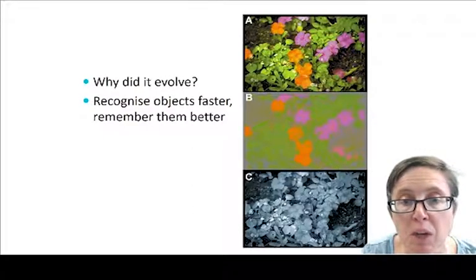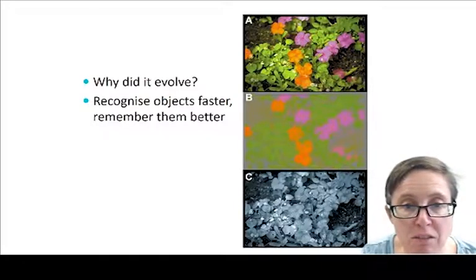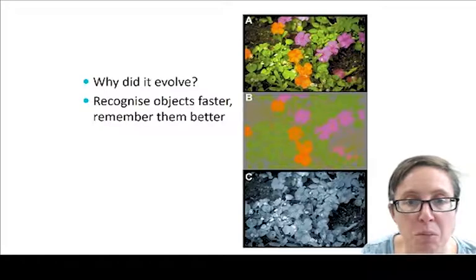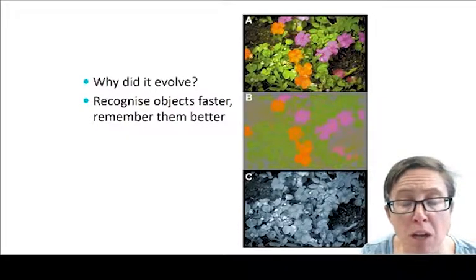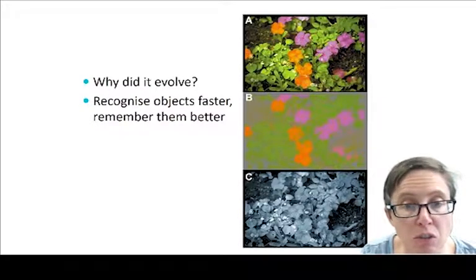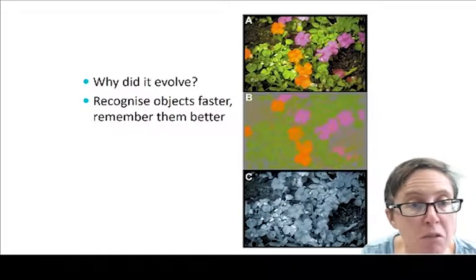So for example, is this blackberry ripe or not? Is it a nice dark purple colour or is it still red and will taste bitter? You can see that having colour information could really help with that. And there's suggestions that colour information may be evolved to be useful to us in social situations, to detect changes in blood flow in people's skin, for example.